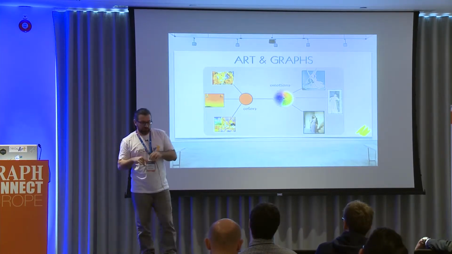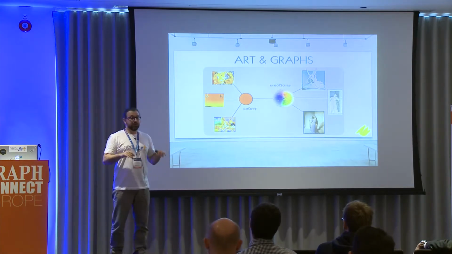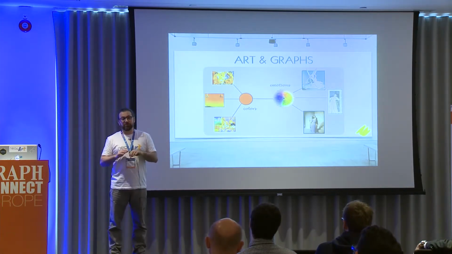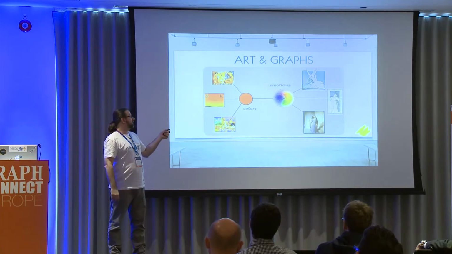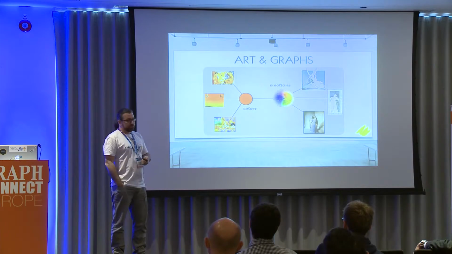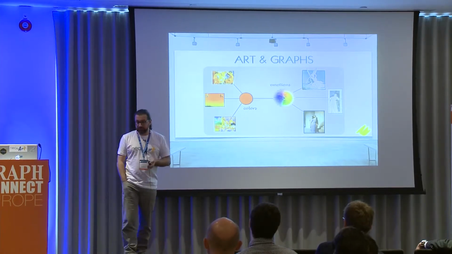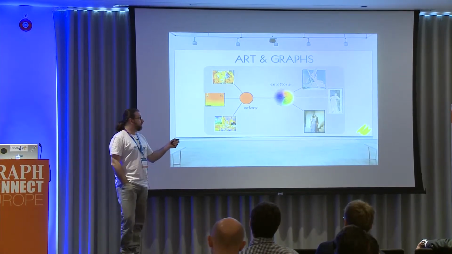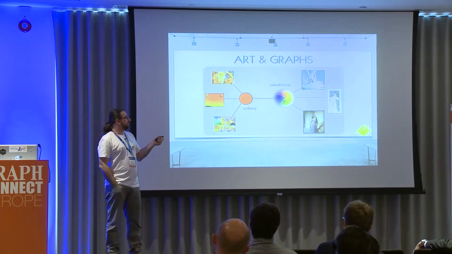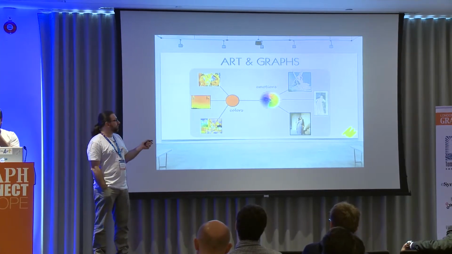So if you enter the Neo4j project, you will have a search bar where you will type red, and the system will find all the artworks which have an average color red, and then we will try to connect the color to the emotion. There are many books about that.